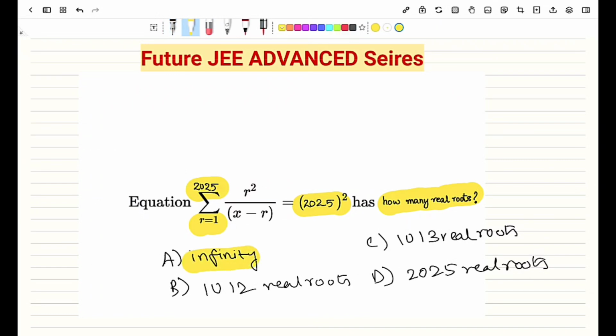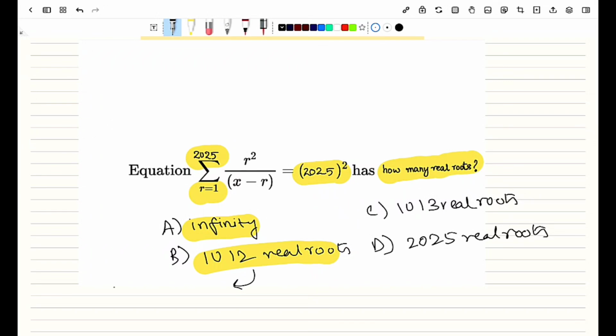Now if you feel that it is an identity, you might be correct. If you feel it is option B, you're definitely wrong. If 1012 real roots are there, all the others are imaginary, so there would be 1013 imaginary roots.